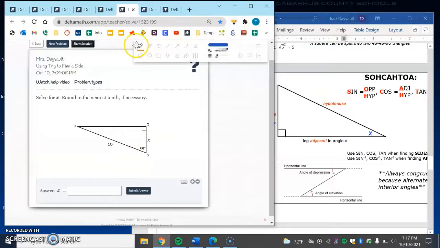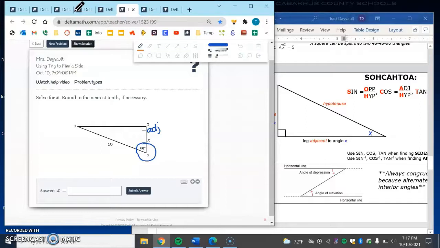All right, what I'm going to do is figure out which sides I have for this reference angle of 69 degrees. This side I'm trying to find, what would that relationship be? That would be the adjacent leg.